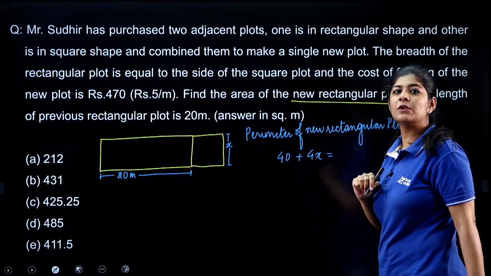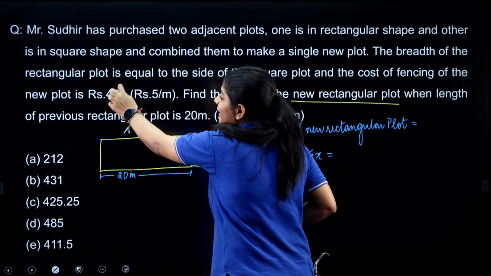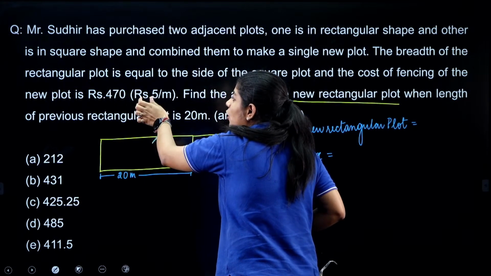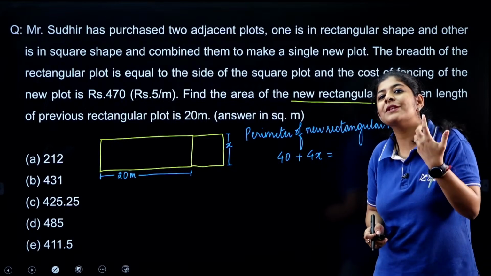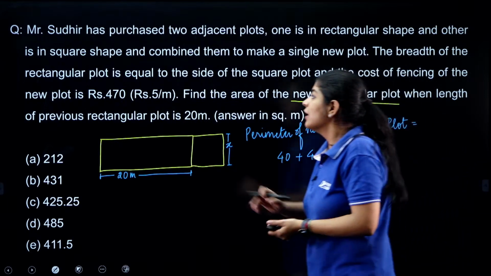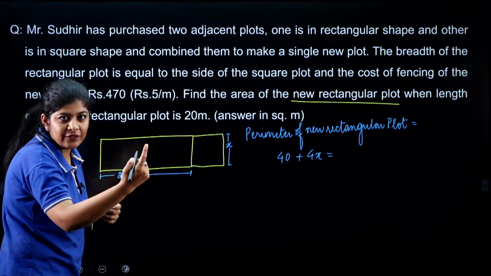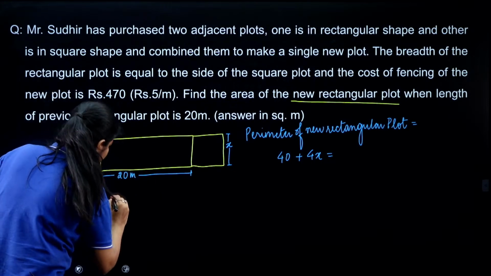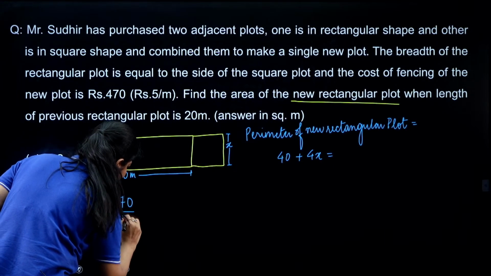Now this is equal to what? This is the amount we are paying, but we are paying 470 rupees at 5 rupees per meter. So we need to find out how many meters we are fencing. We can easily calculate the total meters used for the fencing, which is 470 divided by 5.